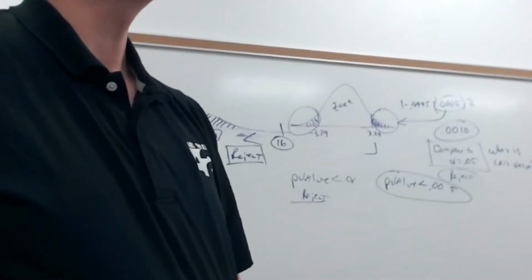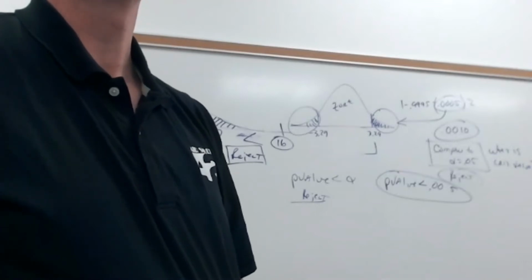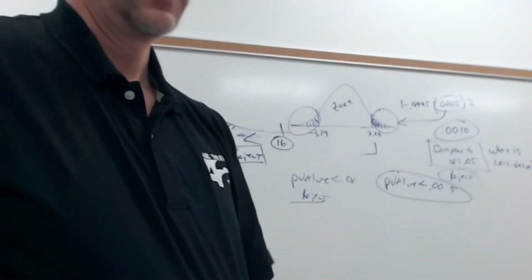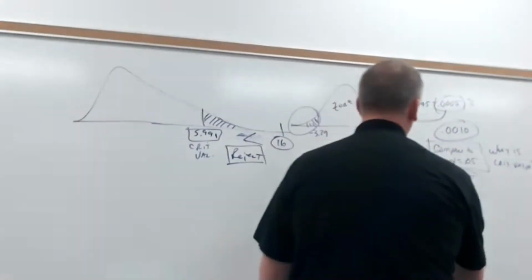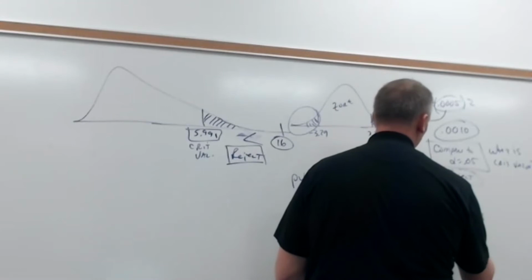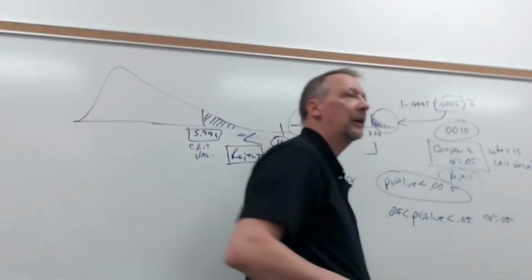Now, given that alpha is 0.05, would I reject or would I not reject? My p-value is in between 0.025 and 0.05. My alpha is 0.05. Let's do a raise of hands.